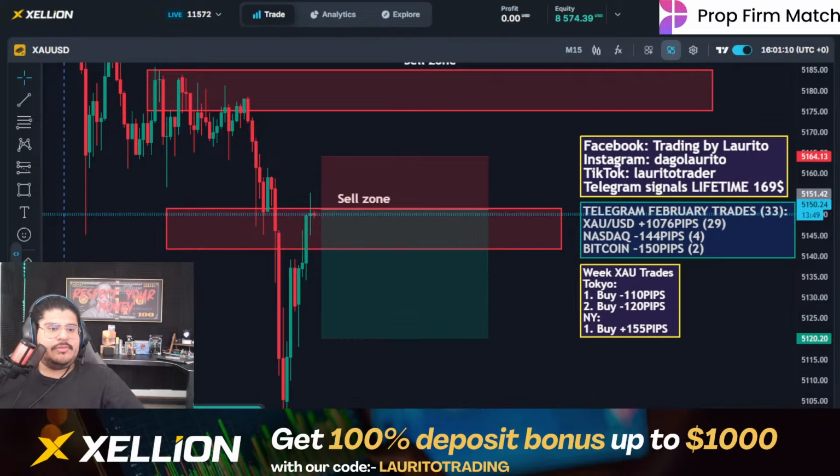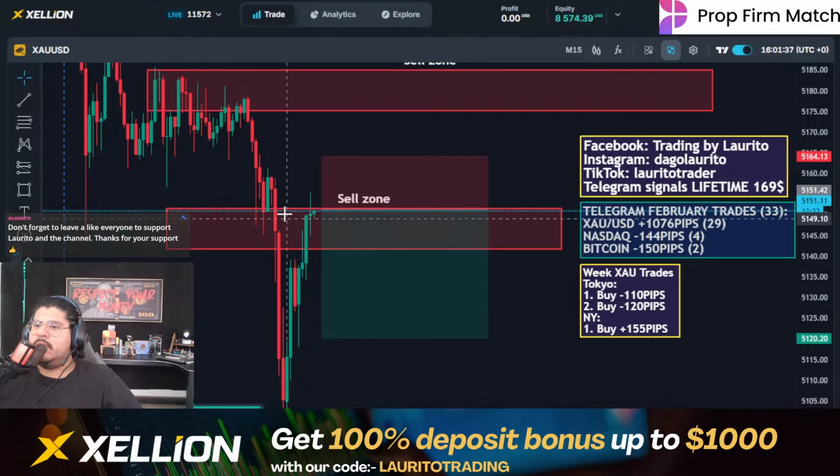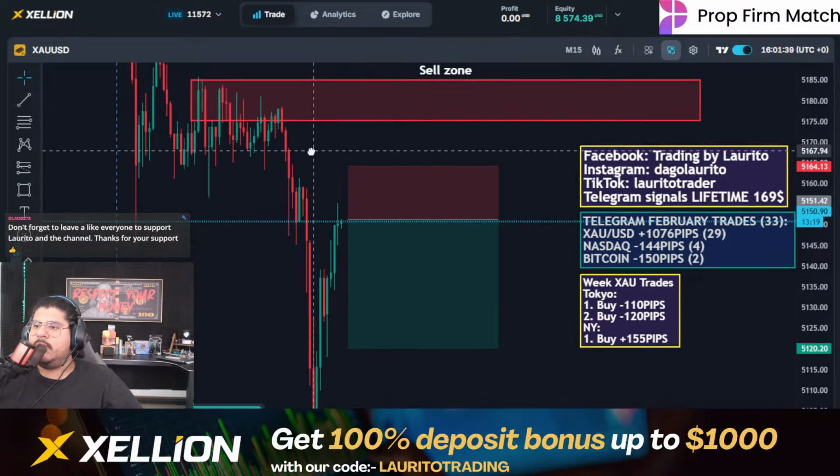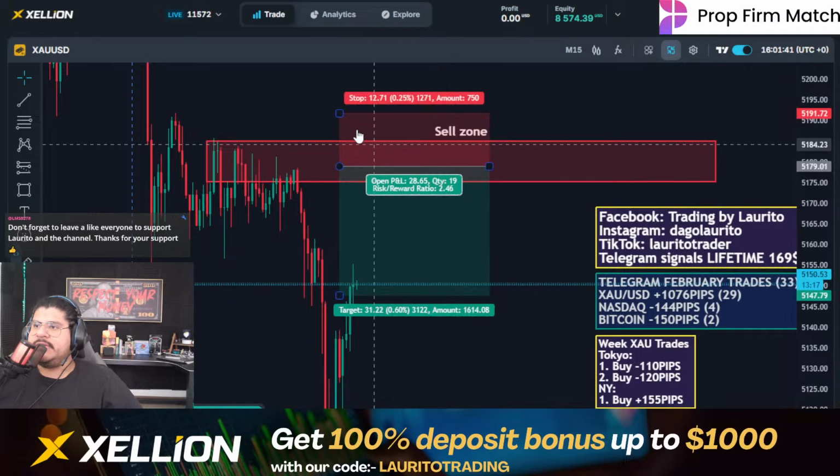So for that reason, it will give us another buy soon. Let's see. Now this zone is invalid. So we will wait for the sell here.